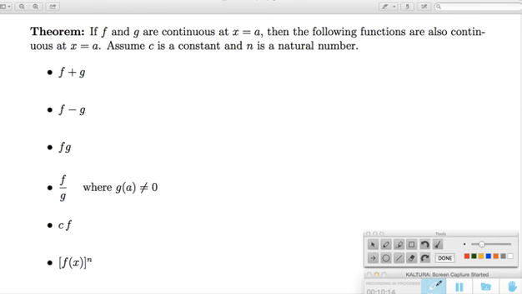What this potentially does is save you from checking those three conditions over and over again for complex functions. Consider, for example, y equals x squared. Well, we know that's a parabola centered at the origin, it is continuous.